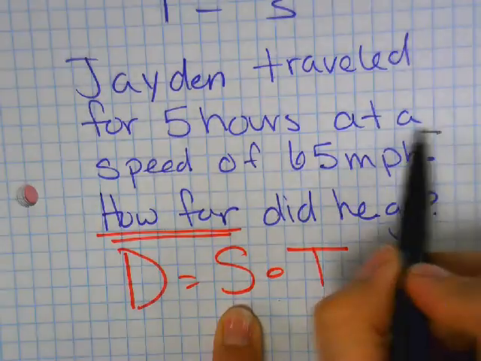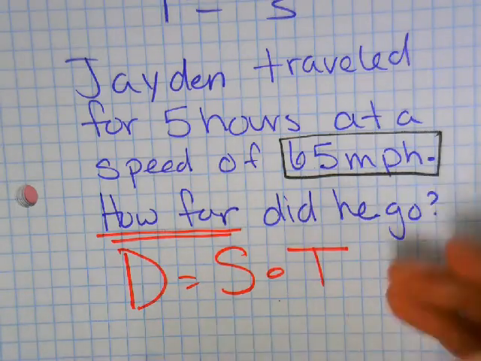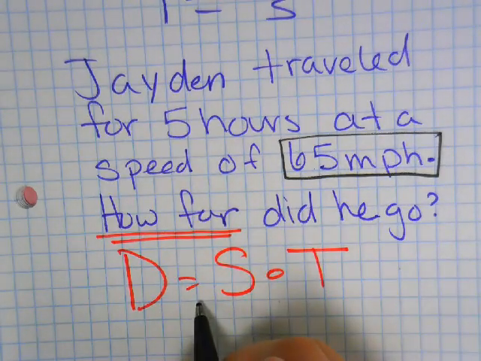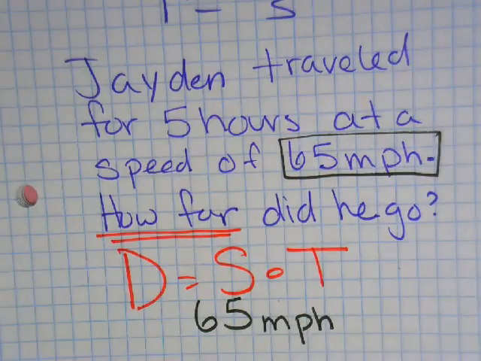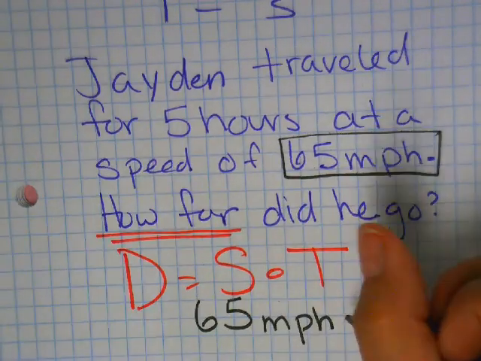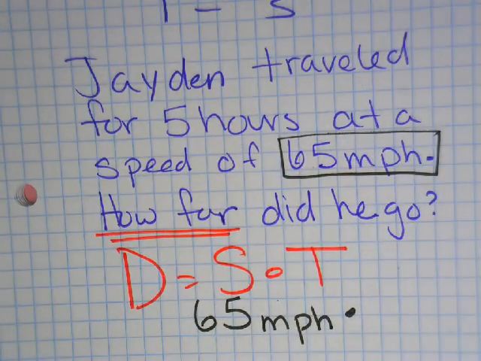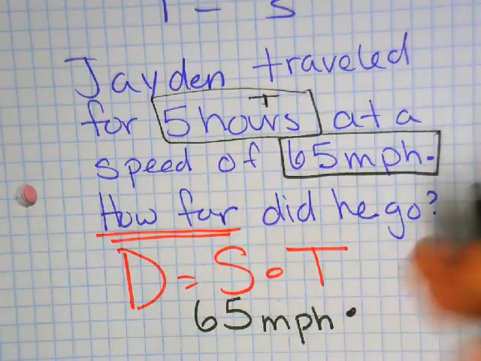Speed, 65 miles per hour. Now, do you want to make it easy for yourself? Write down all of the words. Trust me. Write down all of the words. Times. What's my time? 5. So 5 is your time. 5 what?